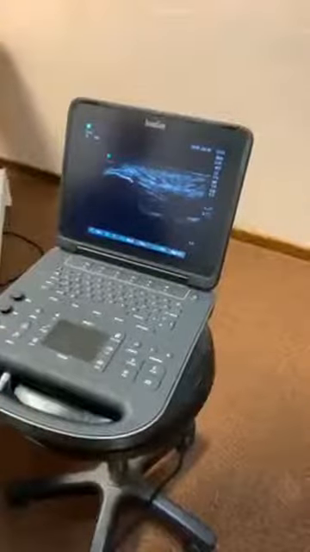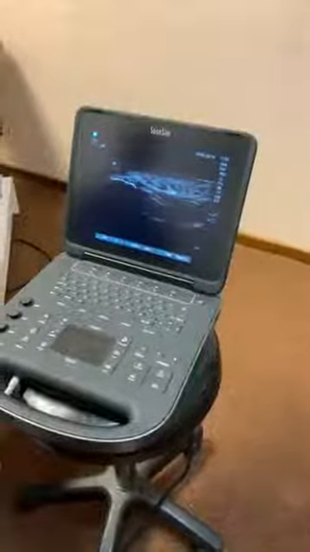Okay. So here's the heel, bottom of the heel bone, and here's your plantar fascia. Okay, as it's going down. So again, with changes in that tissue, you can visually see it. You can even measure it.